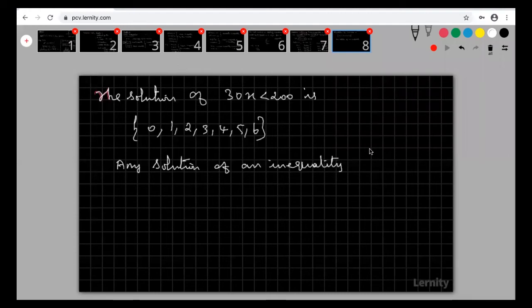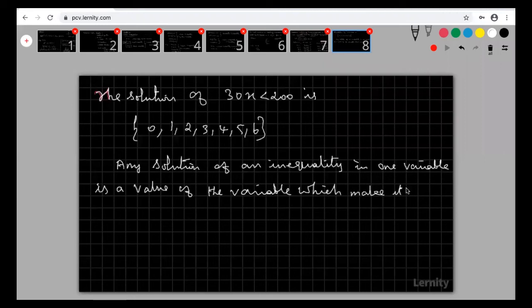Any solution of an inequality in one variable is a value of the variable which makes it a true statement. Are you okay? Are you clear, my dear students?